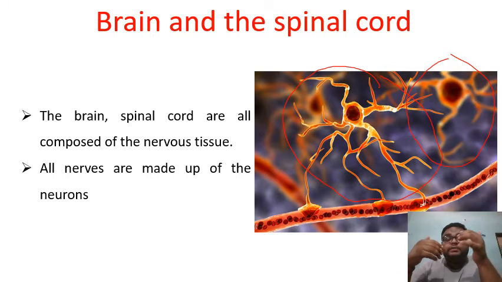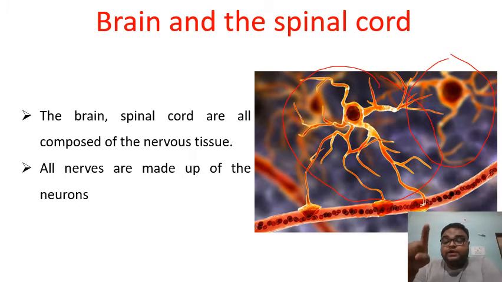All the nerve fibers, all the nerves inside our body, not only the brain and the spinal cord, every nerve, each nerve is made up of what? Everything is made up of neurons. Okay, students, what is it made up of? Yes, it is made up of the thing called the neuron.